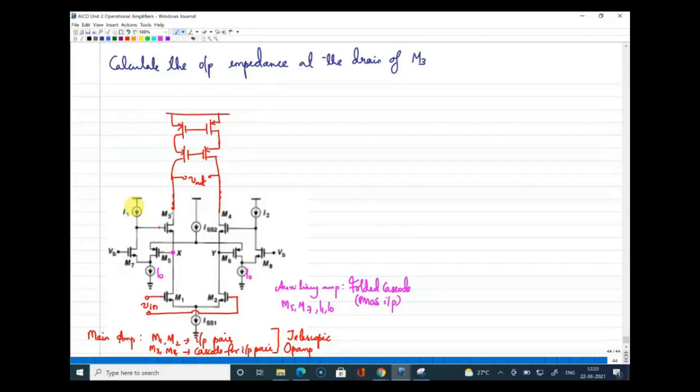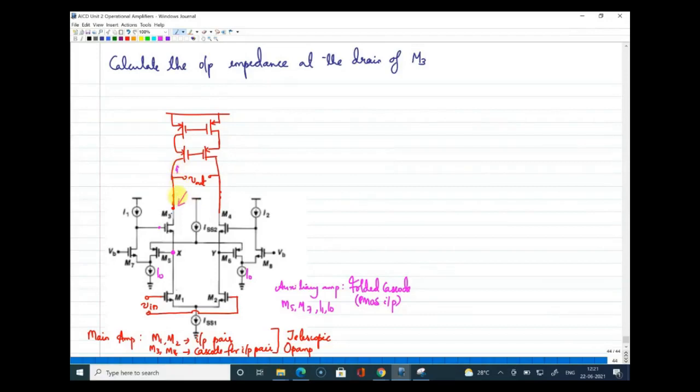All right. So what I will do now is, the question asked is to calculate the output impedance at the drain of M3. So this is the point where I need to find the output impedance. You can forget about the upper half of the telescopic, because that will be the same. Yes Akash, it is a P type folded cascode. Now you are asked to find the impedance at the drain of M3, and the same impedance will be seen at the top.